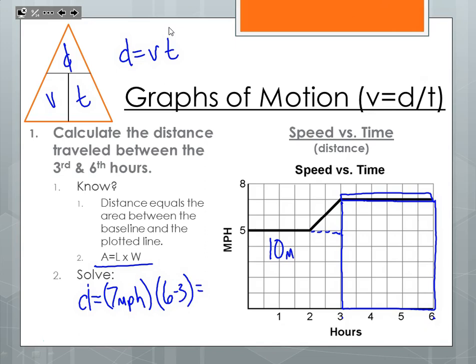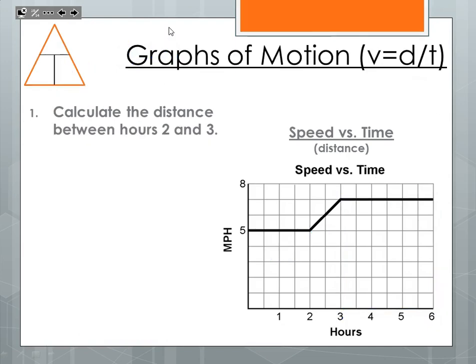And so after subtracting, I'm going to say that it is 7 miles per hour times 3, which equals 21 miles. So now I know that my distance here is 21 miles. But what about my distance there?